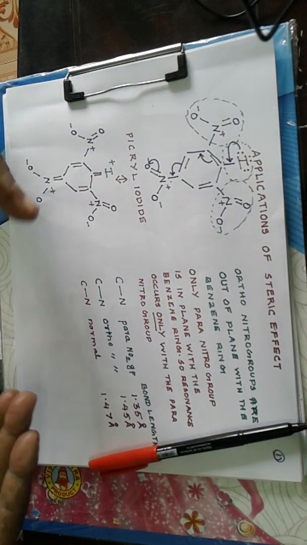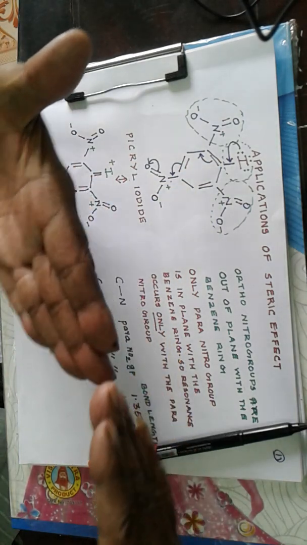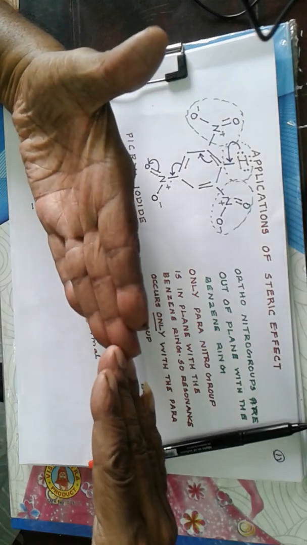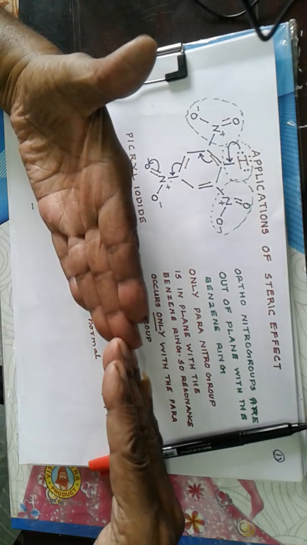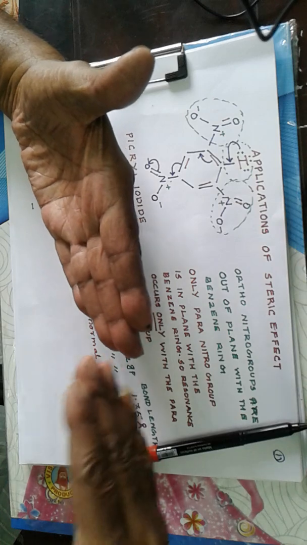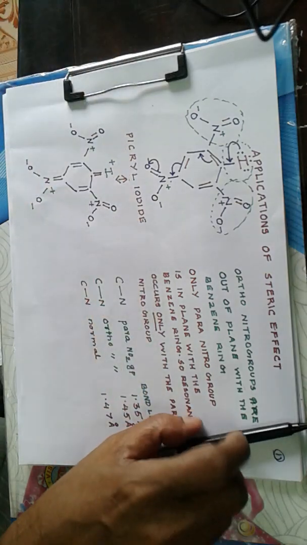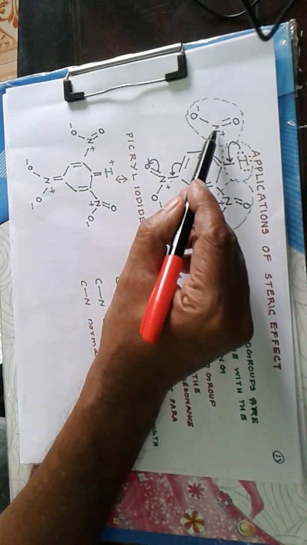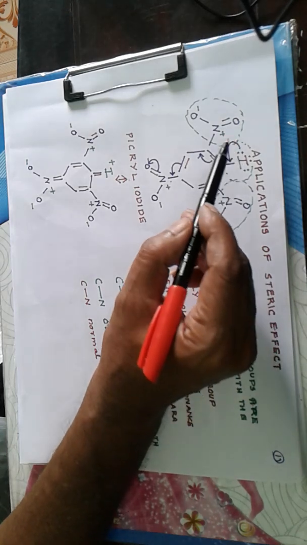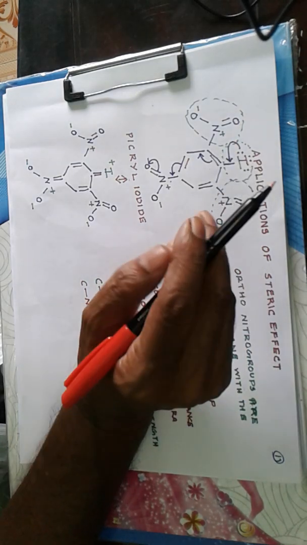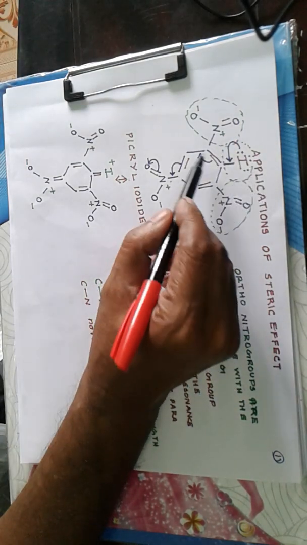So the plane of the benzene ring is like this and the nitro group will be in this direction. So this is the plane of the nitro group. So also this nitro group, due to steric repulsion, will assume a plane perpendicular to the plane of the ring.